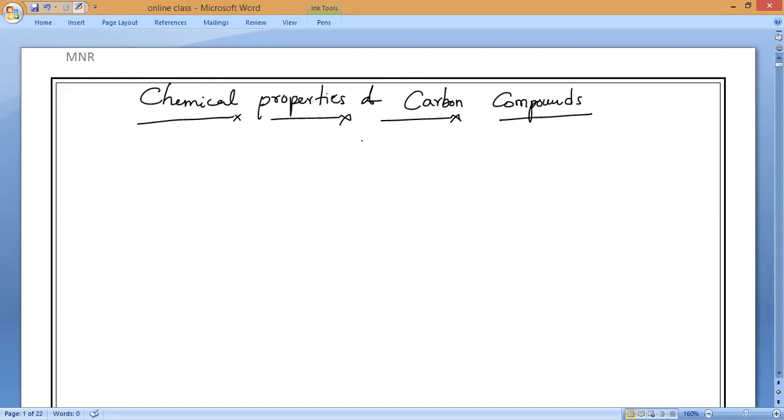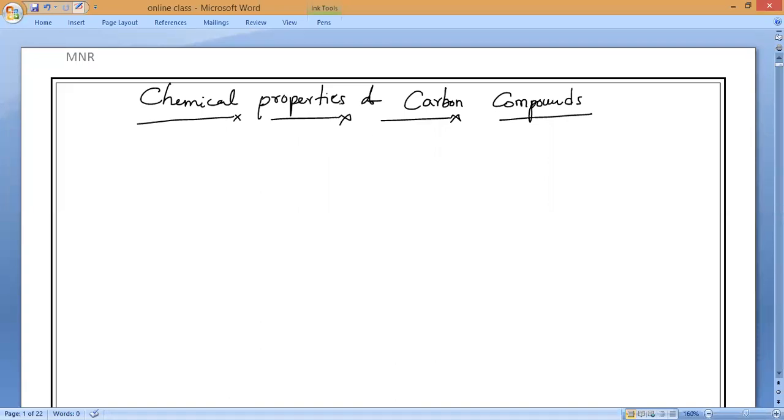So now, all the concepts we studied previously explain how the compounds exist, what their physical properties are, what the families are, and what kind of bonds are present. We segregated them as saturated, unsaturated, cyclic, straight chain, or branched chain.